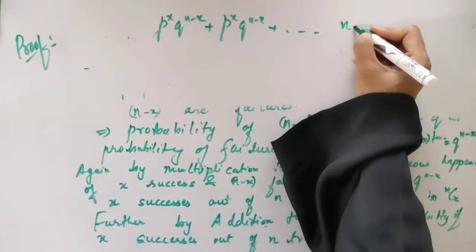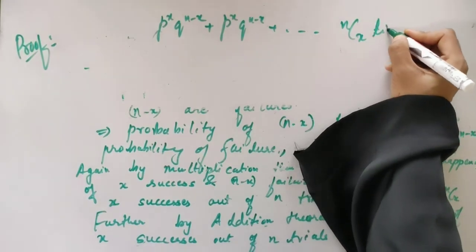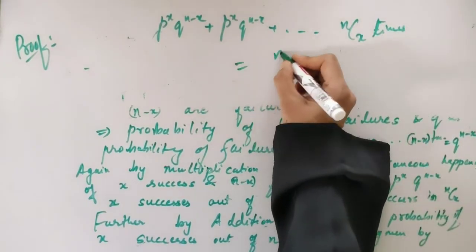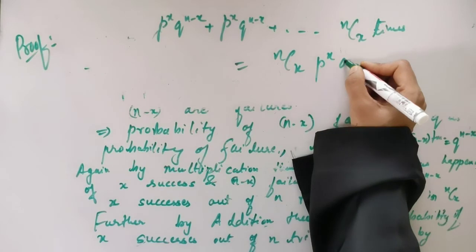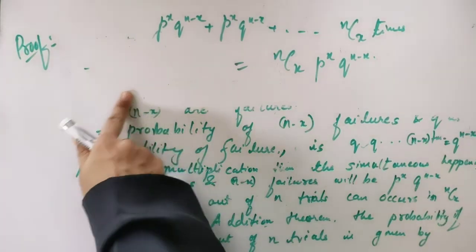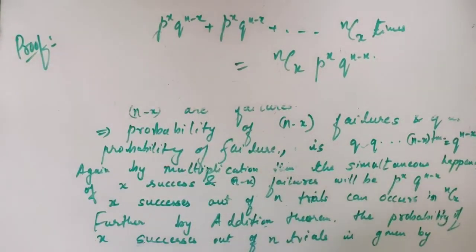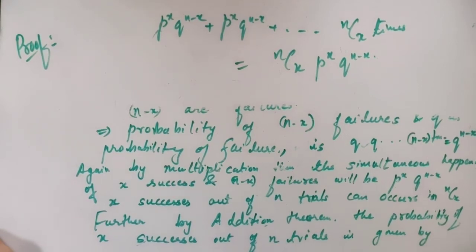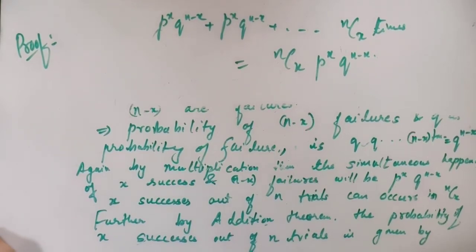How many times? nCx times. That is equal to nCx p raised to x q raised to n minus x. This is the required result.